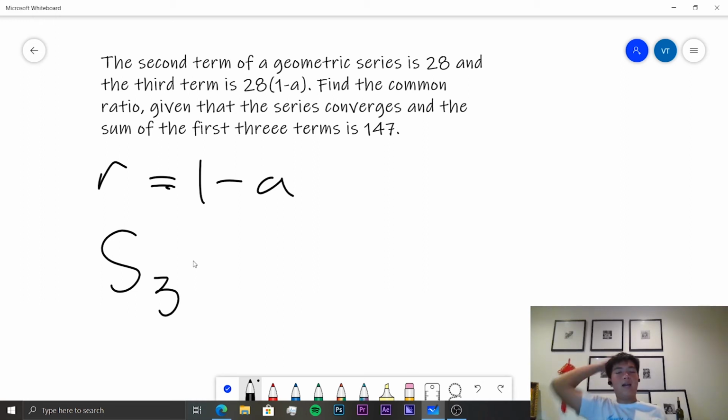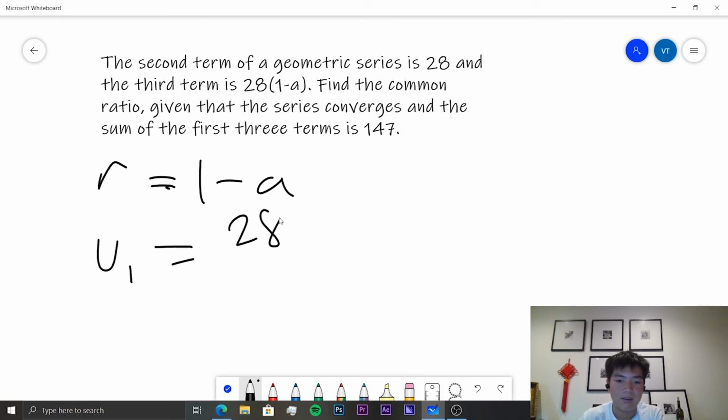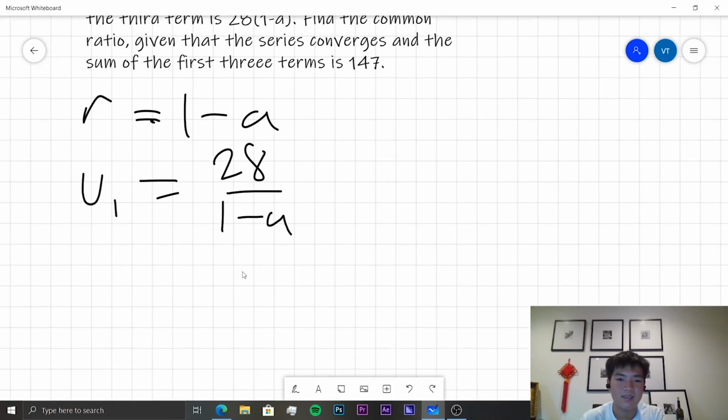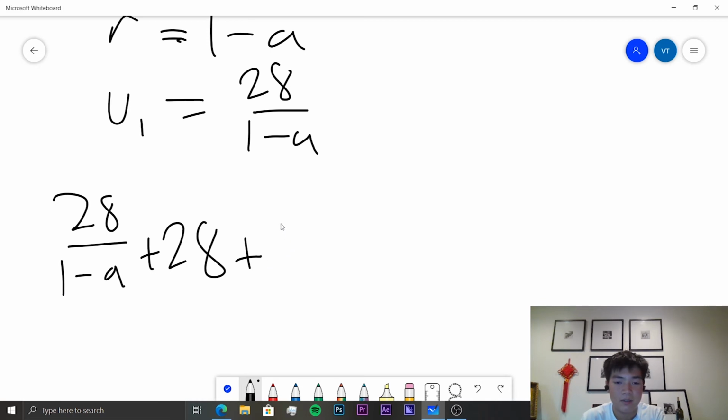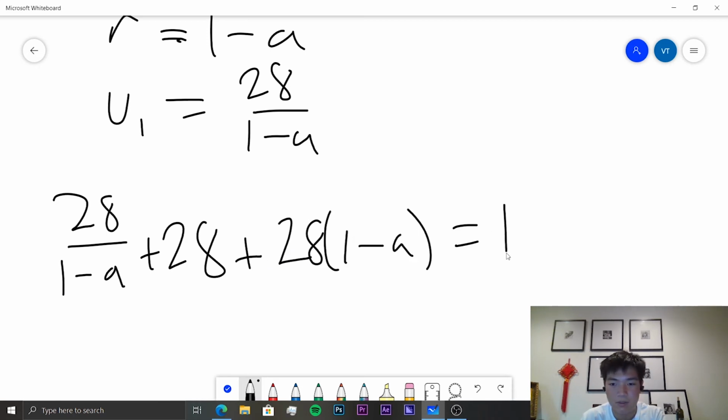So we actually know the first term, as long as we use the variables they gave us. The first term would be 28, the second term, divided by 1 minus a, which is the common ratio. So we can do 28 over 1 minus a plus 28 plus 28 times 1 minus a is equal to 147.